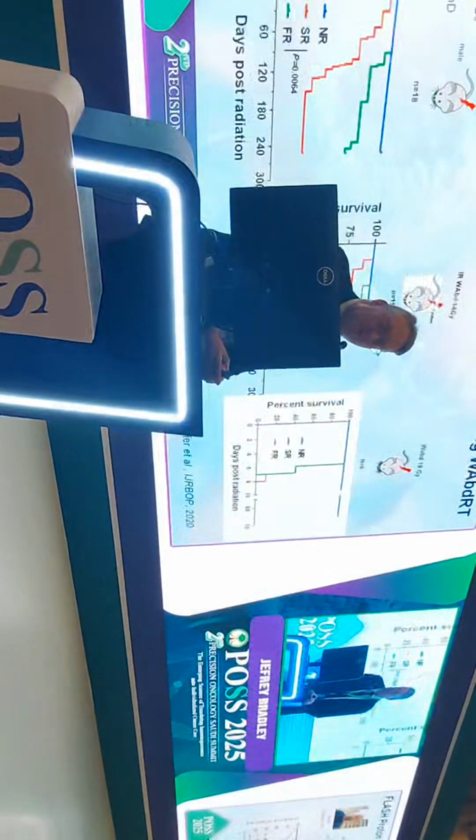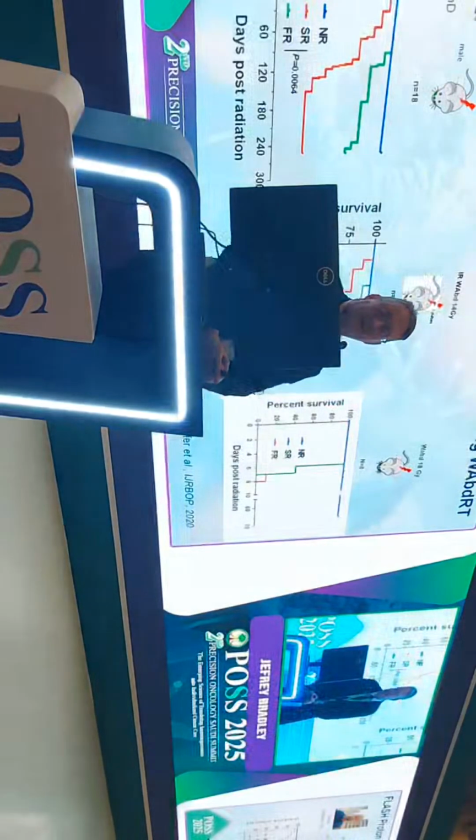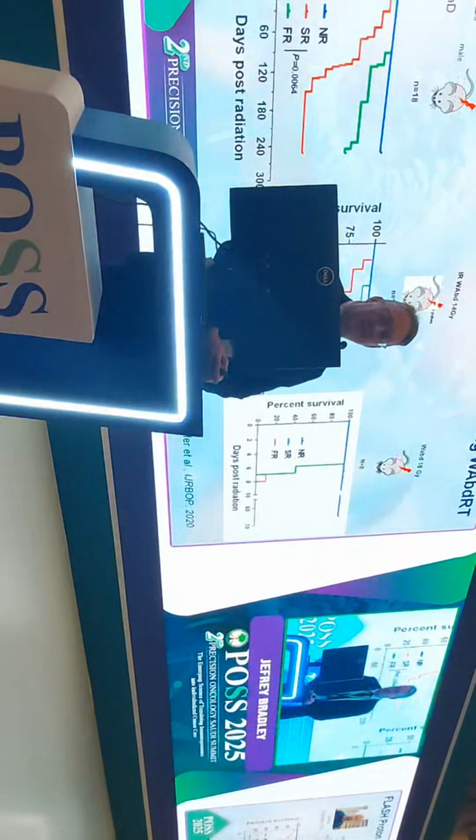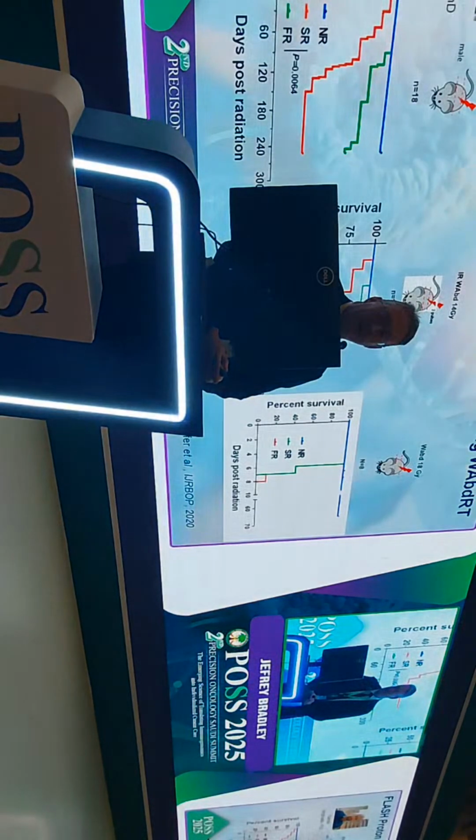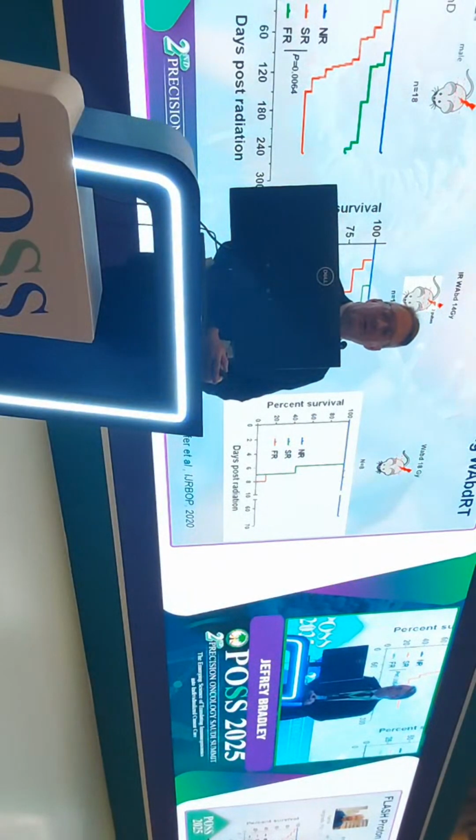Here's some mouse model work that shows the effects of flash. When you get whole abdomen radiation therapy, the curve on the left is 14 gray in a single fraction. You can see in blue if they're not irradiated, what their survival is. If they're given standard radiation in red, you get quite a few deaths. When they're given flash radiation in green, you were able to spare the bowel and the mice survive.